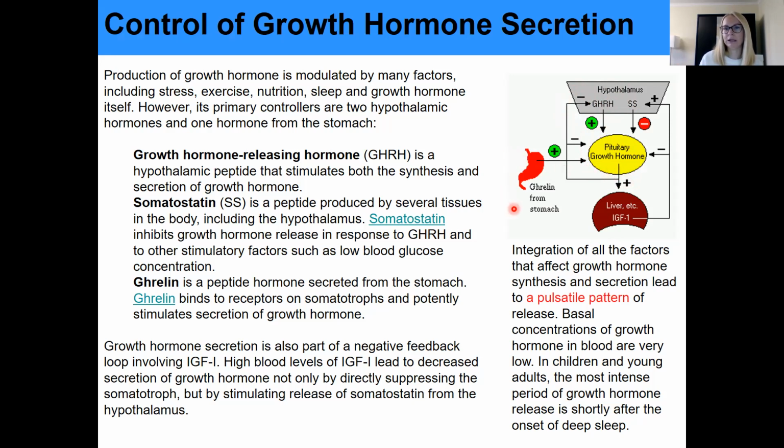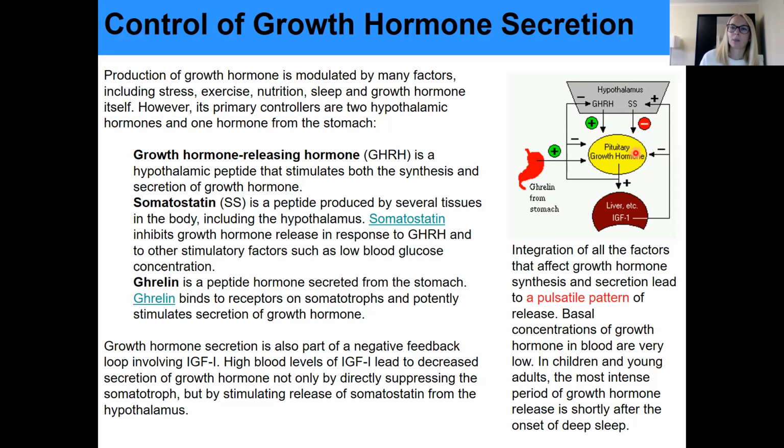Second one is ghrelin released from the stomach, which can also stimulate the anterior pituitary. And somatostatin, which is released from the hypothalamus, but has an inhibitory effect on the anterior pituitary that results in decreased synthesis of growth hormone.